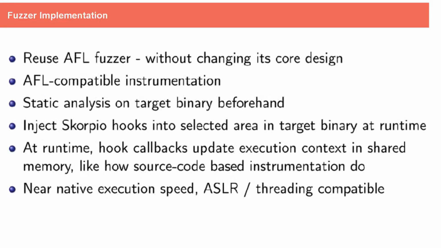So how about the implementation? As I said, we reuse the AFL fuzzer. We do not change anything in the core of AFL. Remember that when you want to fuzz a program in AFL, you compile the source code, and the special compiler instruments the program for you, right? Now we do not have the source code, so how can we still run on AFL? The idea is that we just follow the instrumentation mechanism used when you have the source code.